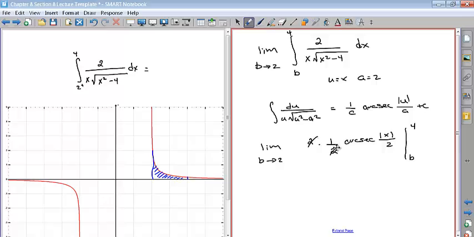These two will cancel out. The next step is to evaluate the function at the upper limit: the arc secant of the absolute value of 4 divided by 2, minus the arc secant of the absolute value of b divided by 2.